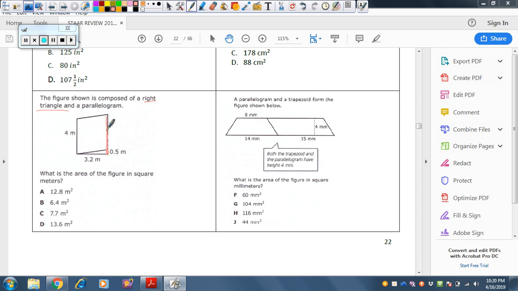The whole thing is 4.5. So if you treat it like a trapezoid, you're going to use 4 and 4.5. And then your height is 3.2.